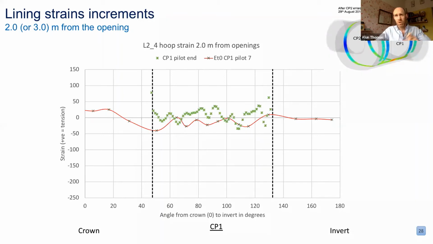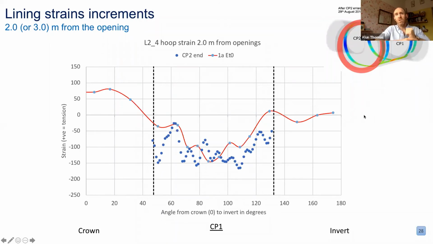So you see quite local effects. And similarly, the models show very little change in strain. These are all changes in strain as opposed to absolute numbers. And then we roll forward to when all the openings are fully developed. In this case, the relatively stiff base case model matches the results pretty well.